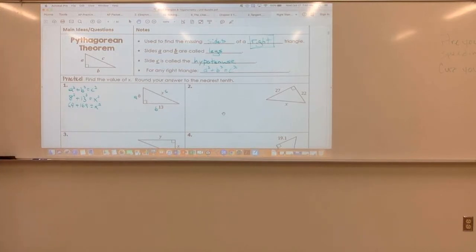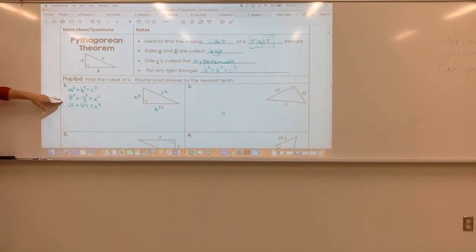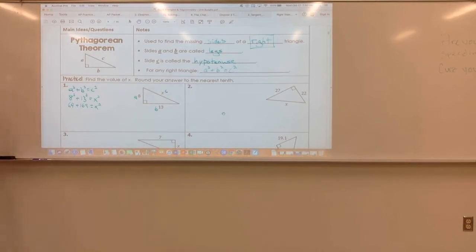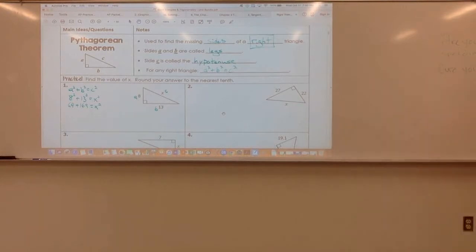We still have x squared over there on the right side of the equation. Now I want to go ahead and add these together. It's important that we go in this order. We have to square the numbers first and then add them together. That's a common mistake I see sometimes, where people want to add these together and then square the numbers. That's mathematically incorrect. We have to use order of operations, and order of operations says we have to use exponents before we add things together.